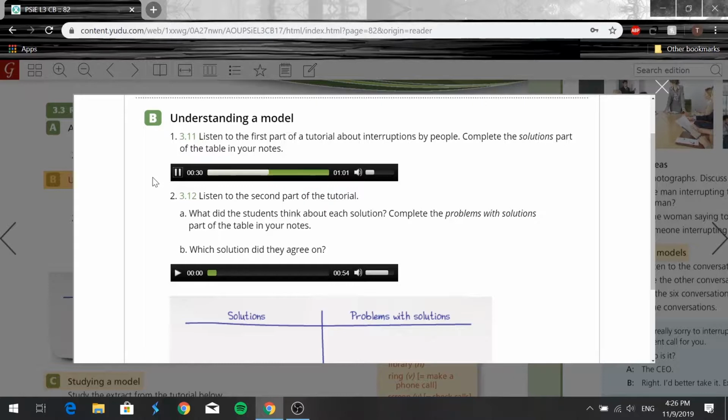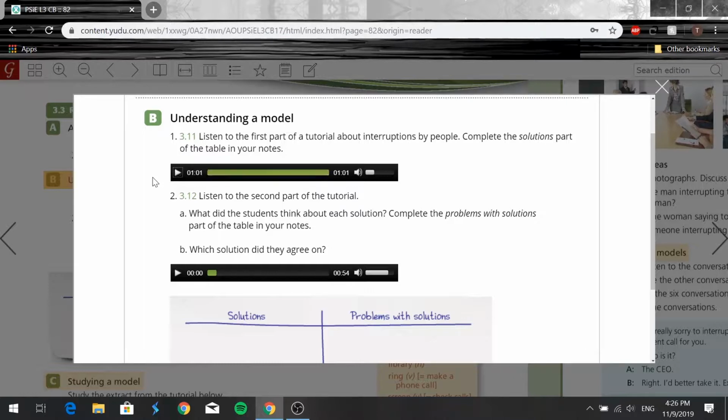Some people said, tell them to go away. So, that's the first solution. Other people said that you should stop for a few minutes. You should stop and talk to them for a few moments. Then you should get on with your work. So that's number 2. A couple of people said that you should not try to study at home, in your flat or house. You should go to the library instead. That's what I found.